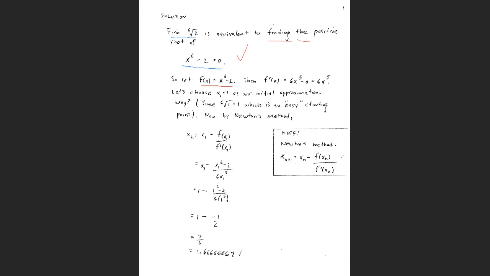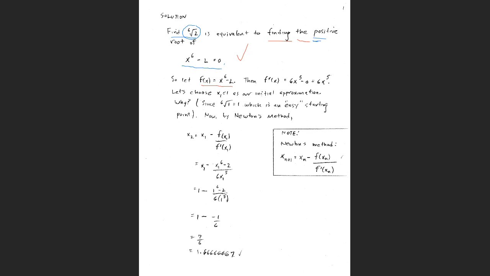Oh, okay. I see what you're saying. I understand now. Well, let me ask you this. The sixth root of 2, is that a positive or a negative number? It's a positive, and that's why they want you to focus on finding the positive root of x to the 6 minus 2. Very good question.